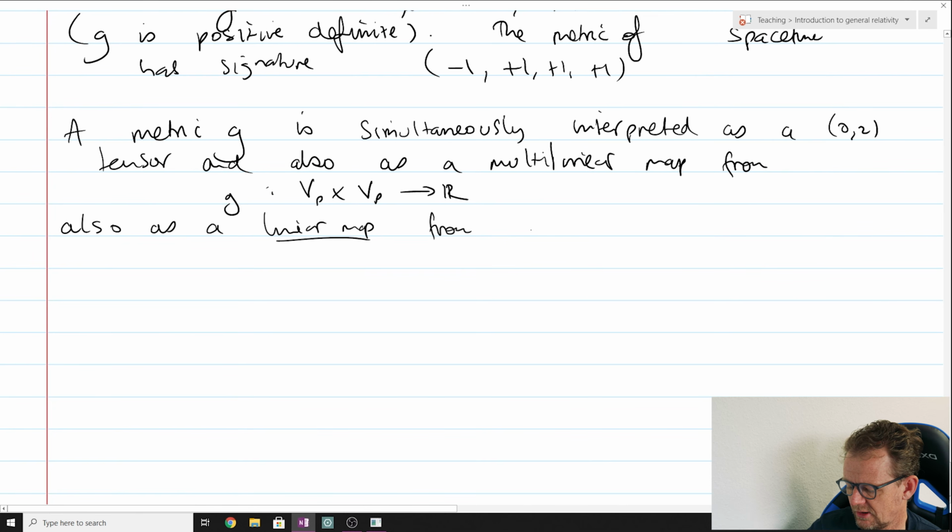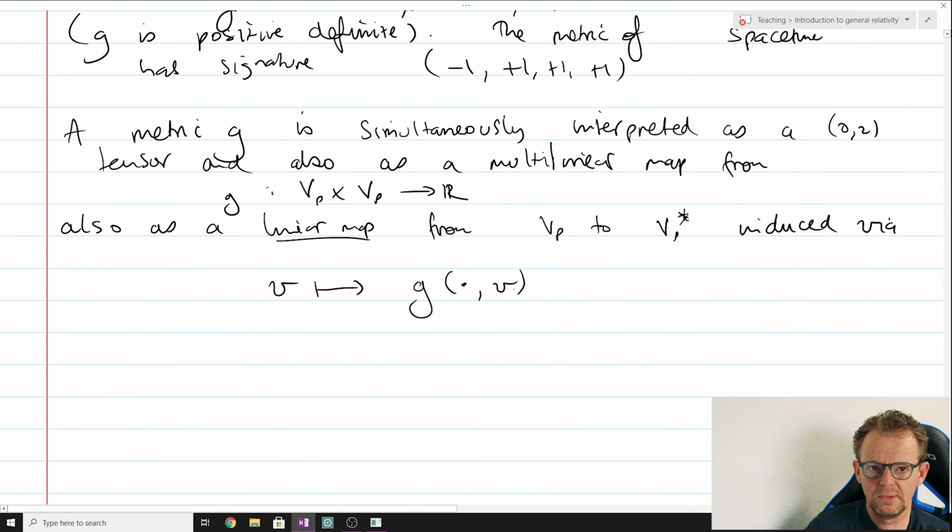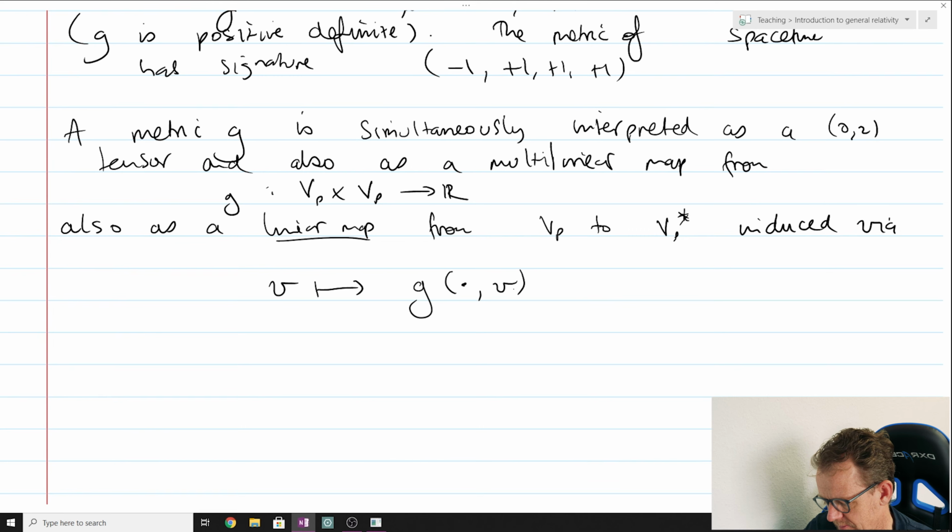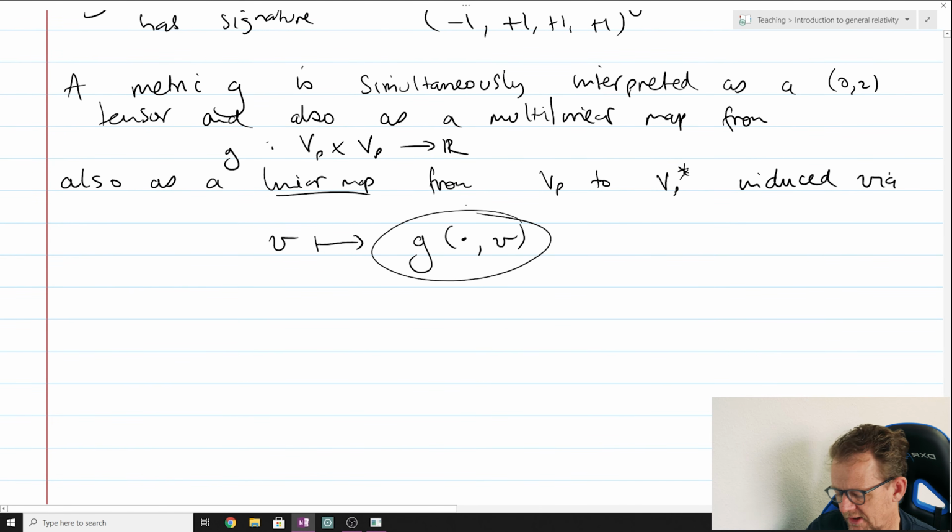It gives us an interpretation of g as a linear map from Vp to Vp star. And how do you get that linear map? Well, you contract v, the outer product of v and g, according to this recipe here. You stick v in the second argument of g.